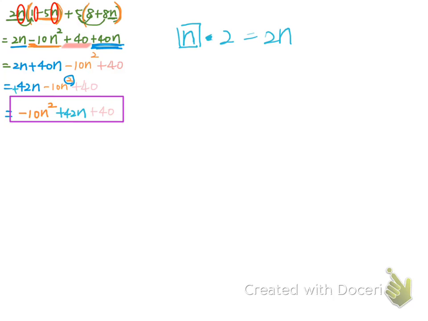So 2n. When you multiply n times n, because they are the same thing, I'm not saying that I want 2 of them. I'm saying I want twice of the same thing. So I'm going to have n 2 times, because they're multiplying each other.